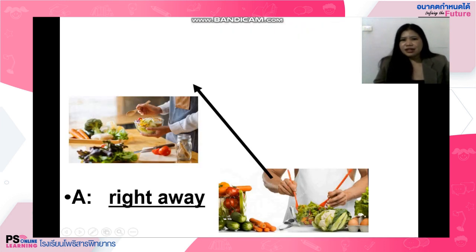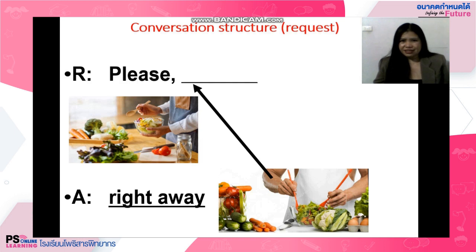A last example before I move on to the quiz. Look. What should be done? What to do? What is that action? So what is the request?